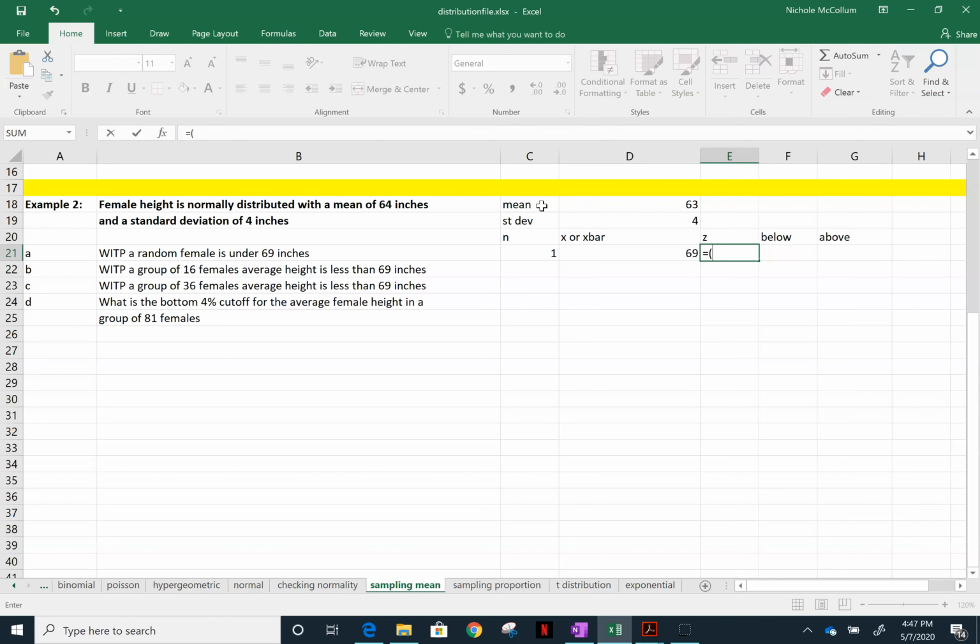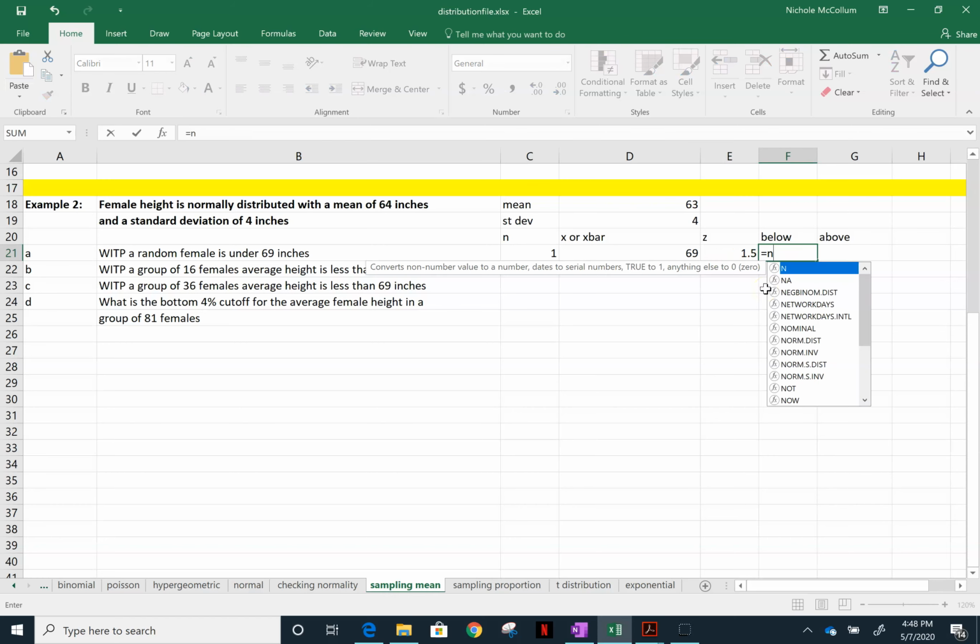Well, when you're talking about a single individual, it is X minus the mean divided by the standard deviation to get my new Z value, 1.25 units away. And that makes sense. If the mean is 64, if I'm adding 4, that'd be 68. If I'm adding 5, that'd be 69. So the Z value does make sense in a single person picture.